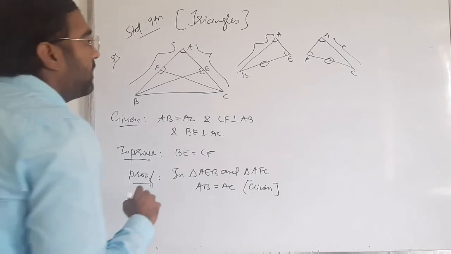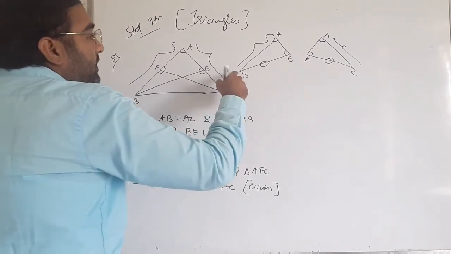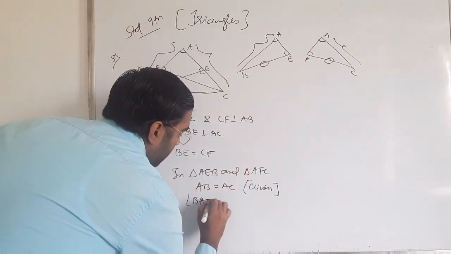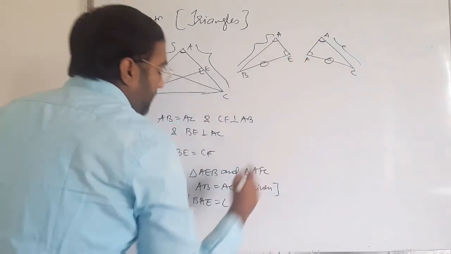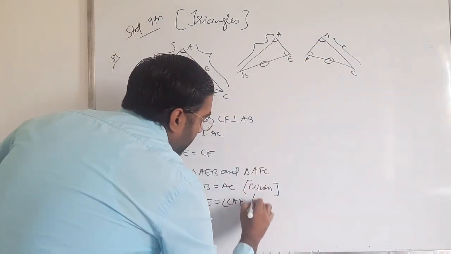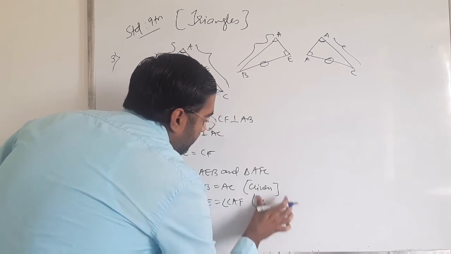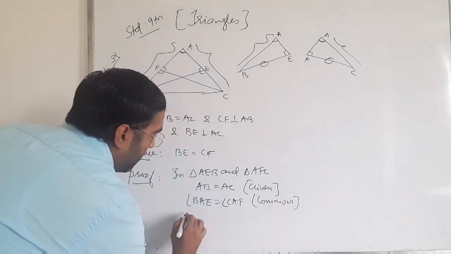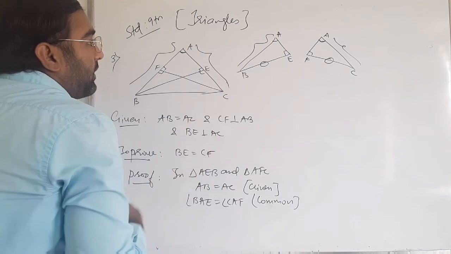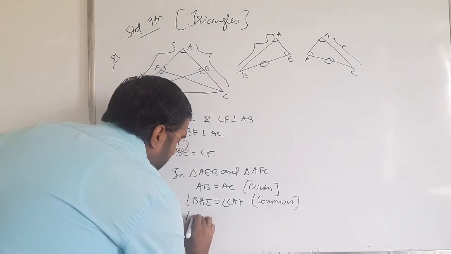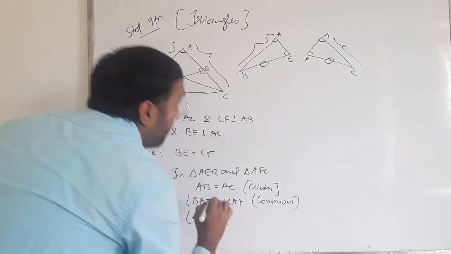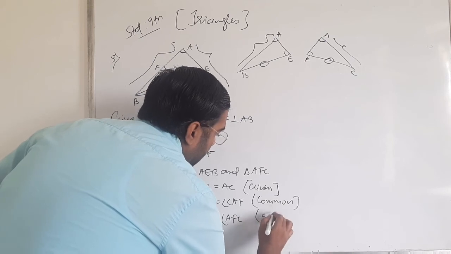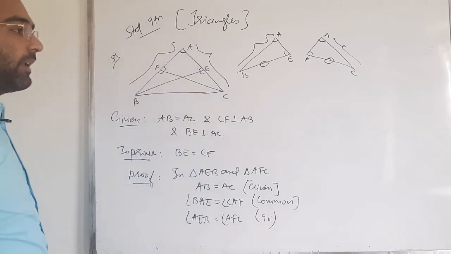Second thing, angle A in both of them, named BAE and CAF, is common. And third thing, angle AEB is equal to angle AFC, both of them 90 degrees.